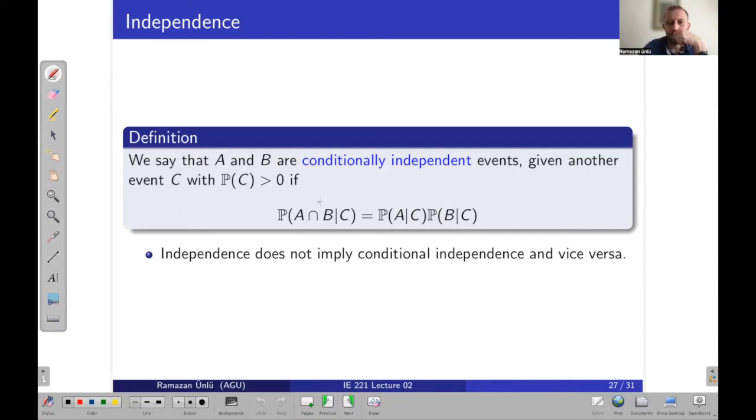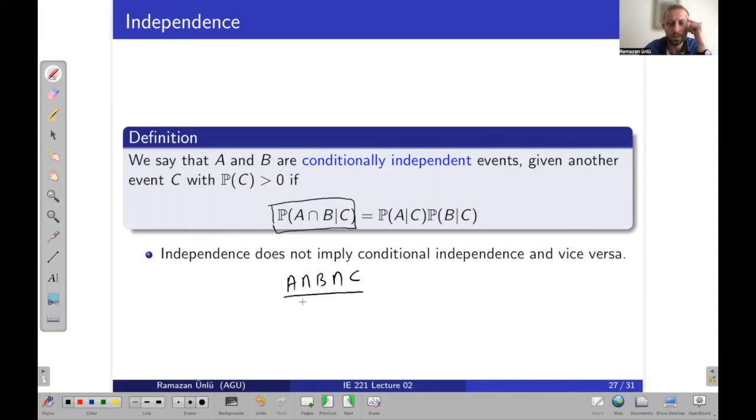Okay, so let's rewrite this part by using the definition of the conditional probability. So actually, this part is equal to the probability of A intersect B intersect C over the probability of C, right?